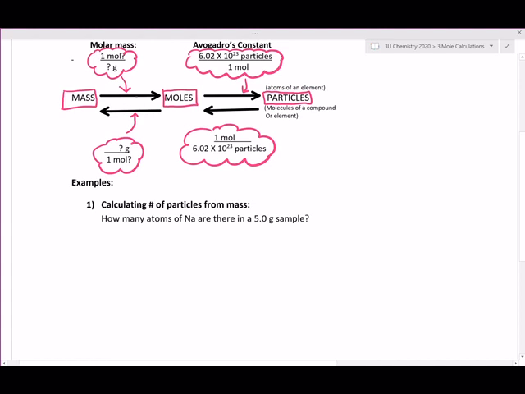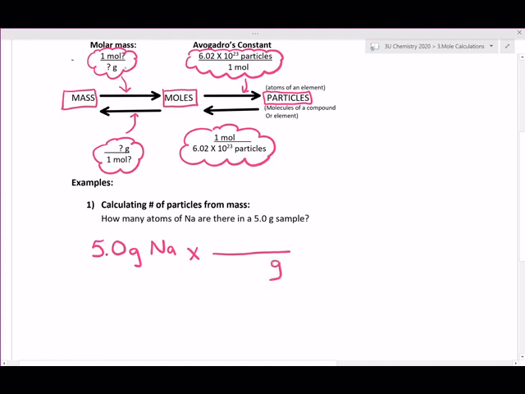So every time there's the big dark arrow, that's telling you you have to do a math operation with a conversion factor. So we're going to start like we always do. We're going to start with what you're given. So the 5-gram sample of sodium, and no matter what, you have to multiply it with something that has grams on the bottom.